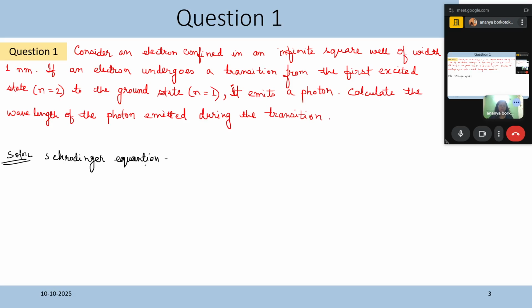That wave function actually contains information about the particle. For example, we can find out the energy and the momentum of the particle from the wave function.